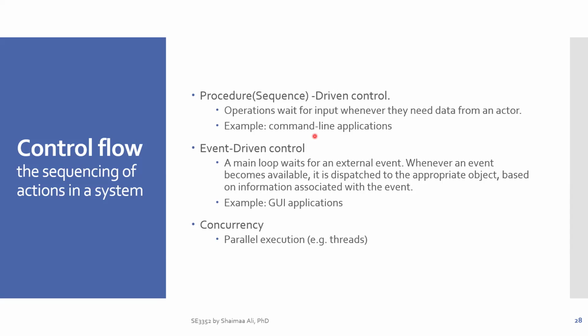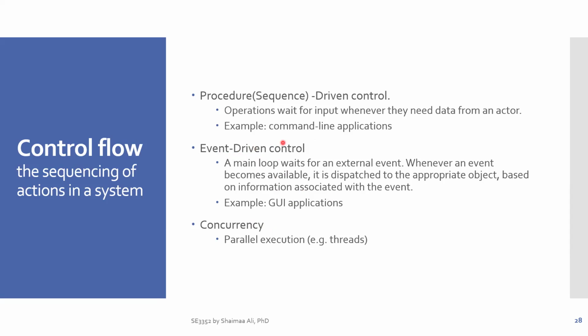There is a decision to be made, so it is possible that you can choose to have your system in a sequence-driven type of control, which means like in a command line application, you have to type a command and wait for the result, and then type another command and wait for the results, and so on. So it's like a sequential kind of flow. The event-driven control: all GUI applications are event-driven, which means that the application will be waiting in a loop for the user to trigger a certain action.